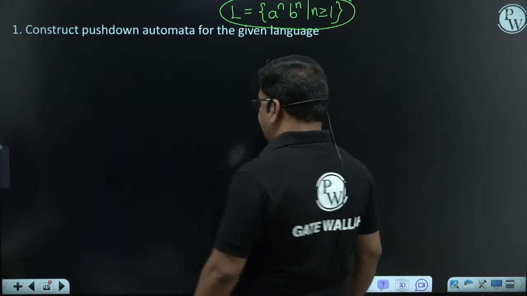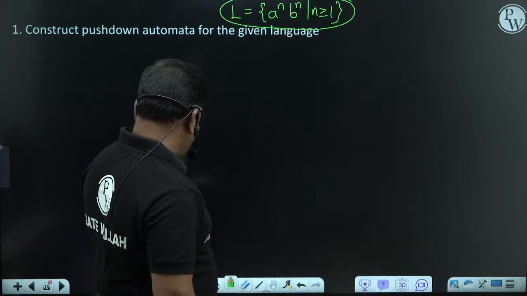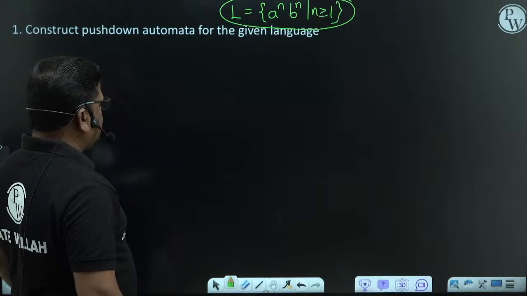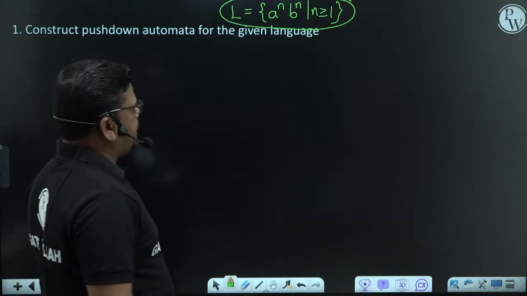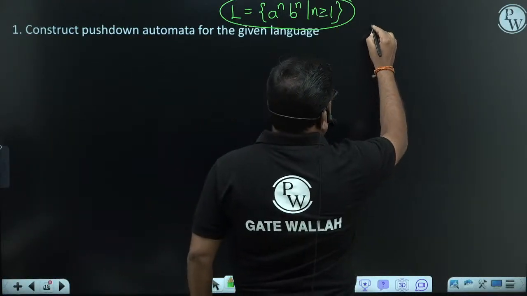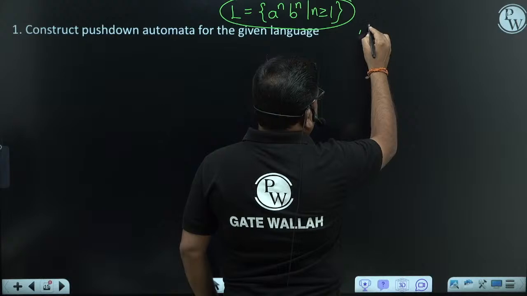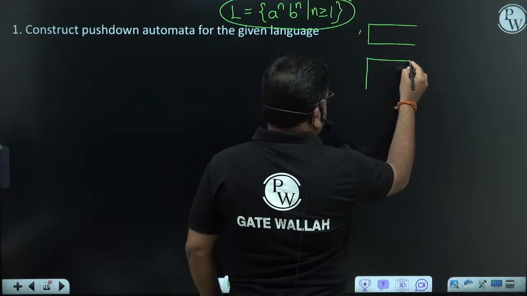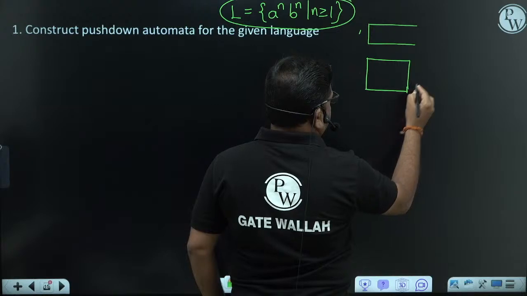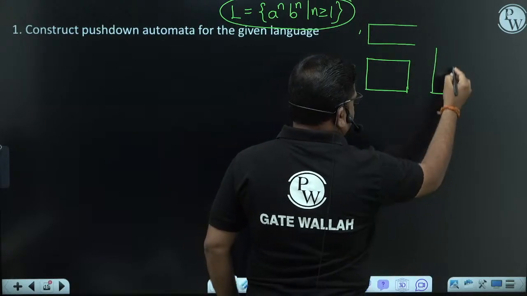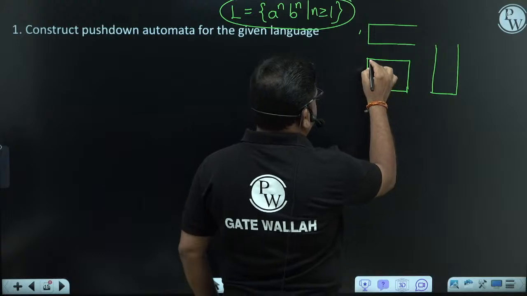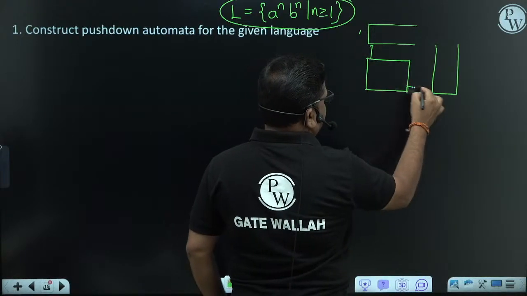Listen carefully. The logic to construct this machine, let me write one diagram here. Whenever you are constructing, for you also, taking one rough diagram like this will help you to construct properly.